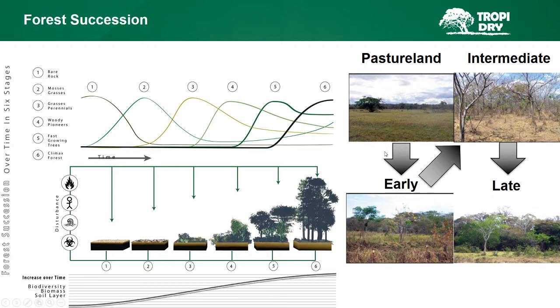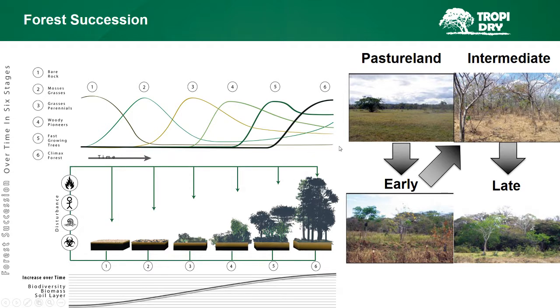Usually, a forest succession can be reset if it experiences a disturbance like fire, which is a very predominant disturbance force in tropical dry forests. If humans come along and clear the forest again, or even flooding events can occur, arresting forest succession or even reversing it.